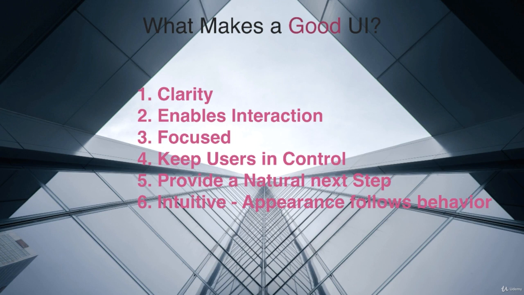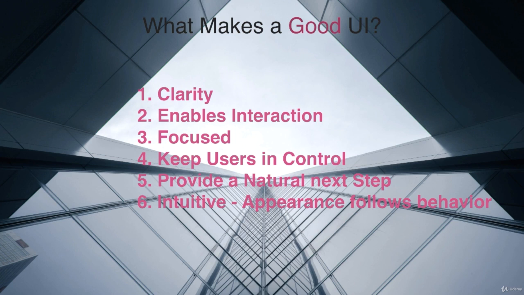Also, we need to make sure that it provides a natural second step. So users need to intuitively know what comes next as they interact with a good user interface. Don't leave users hanging after they have done what you want them to do. For instance, if there's a button that, when they press or click, they need to be taken to a different screen, which means that is the expected reaction, that is the expected interaction.